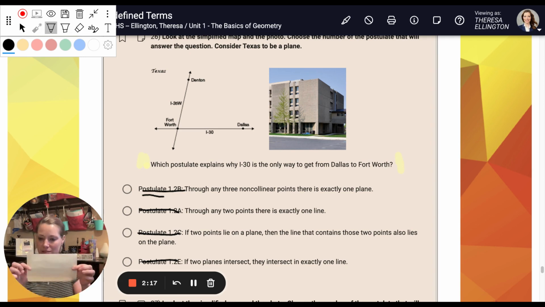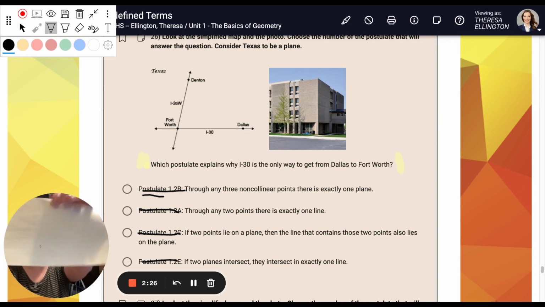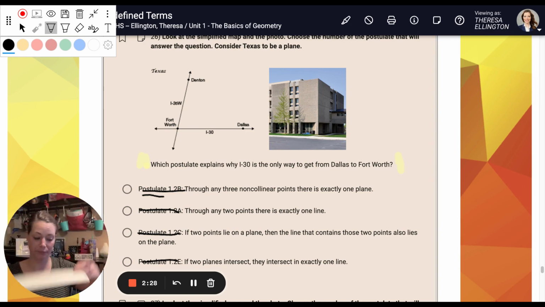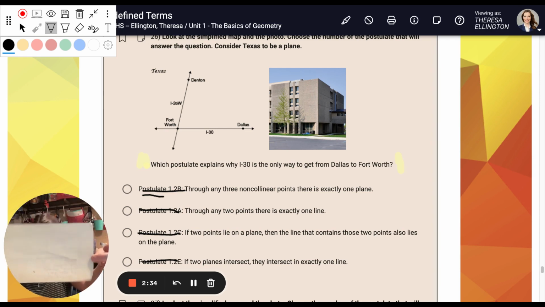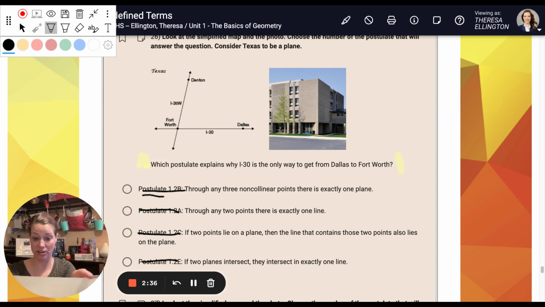So if this is a plane, a point is going to be any dot on the plane. And a line can be drawn on the plane, or better yet, the edge of this piece of paper is a line. Okay? So those are the three concepts.